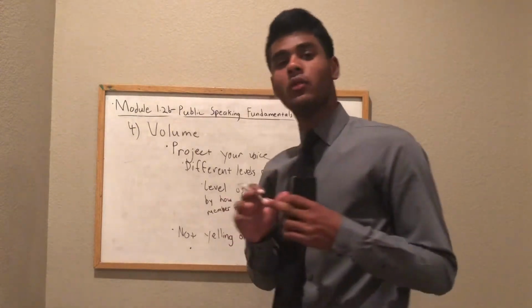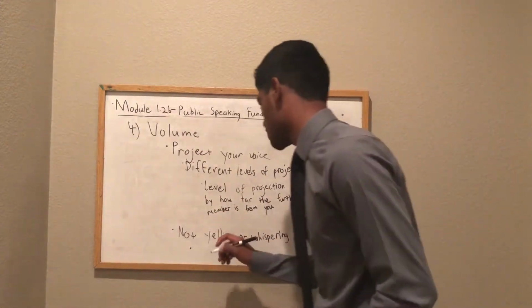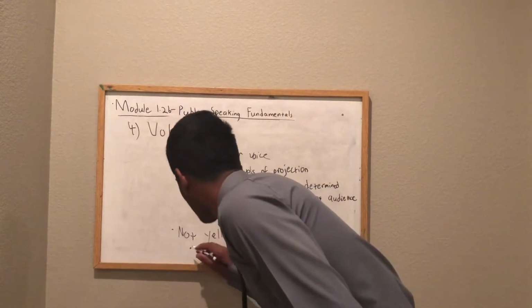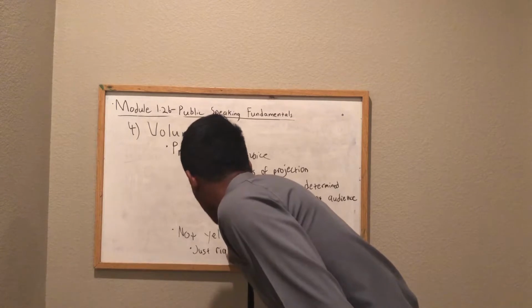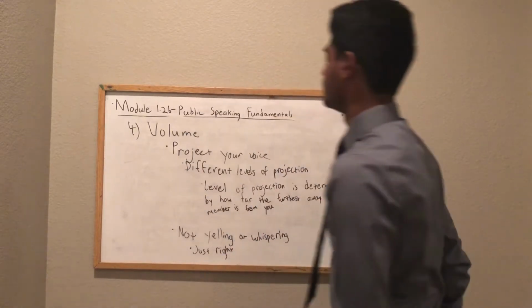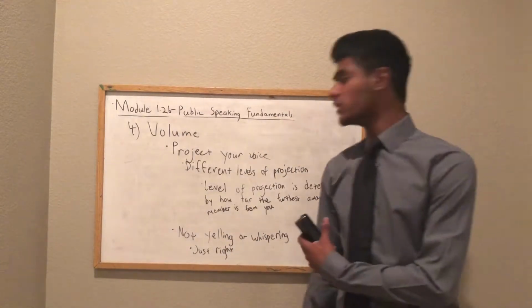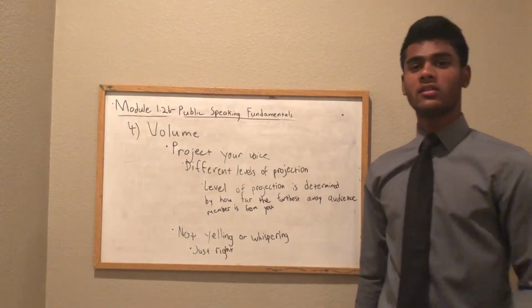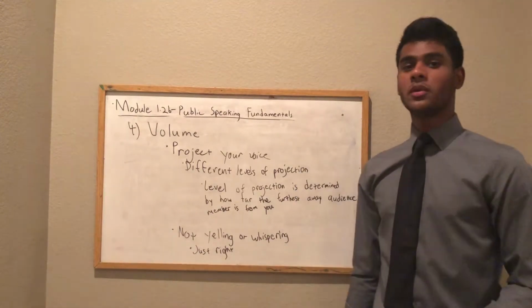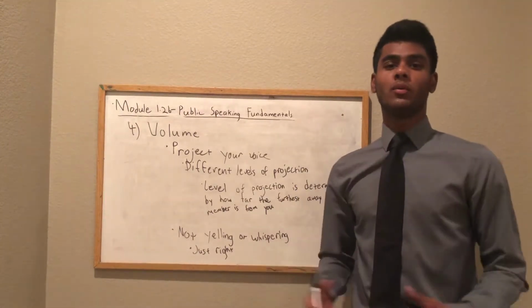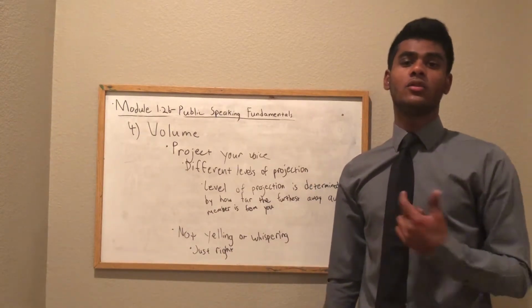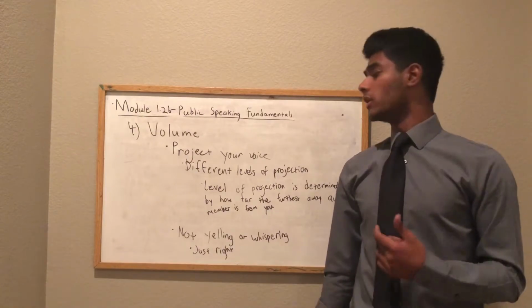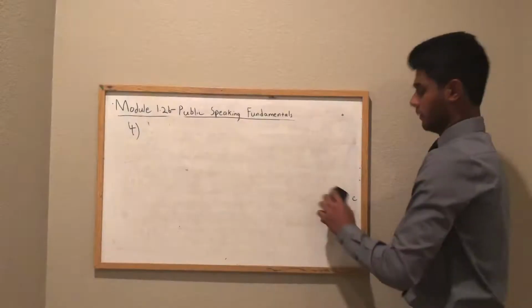You want to have that really nice level of projection. So, just right. Okay, so again, really quickly reviewing: projecting your voice so that you're not yelling or whispering, you're just at that right point where the furthest away audience member can hear you clearly, but you don't sound too aggressive and you don't sound too soft.